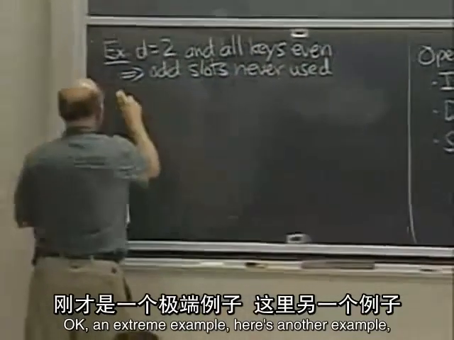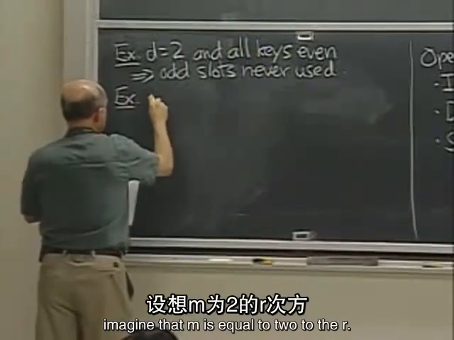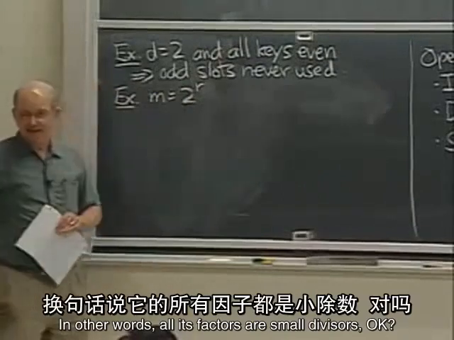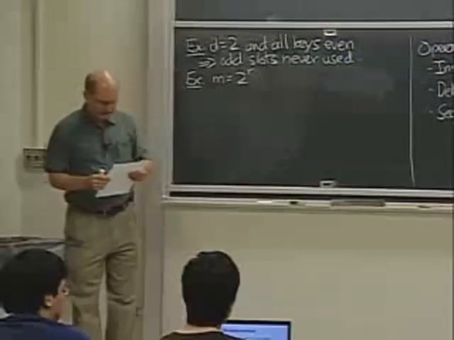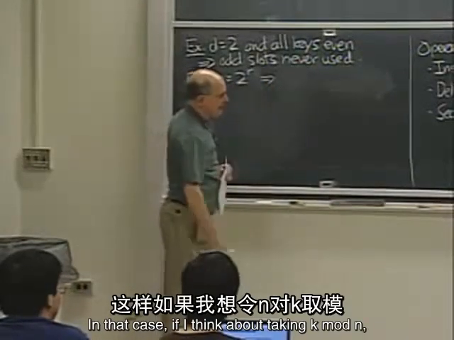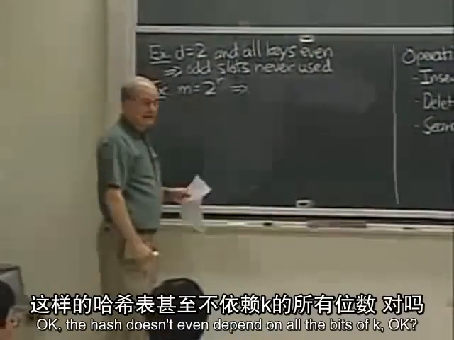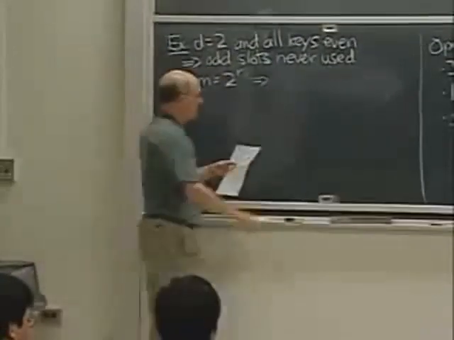Okay, an extreme example, here's another example. Imagine that m is equal to 2 to the r. In other words, all its factors are small divisors. In that case, if I think about taking k mod m, the hash doesn't even depend on all the bits of k.